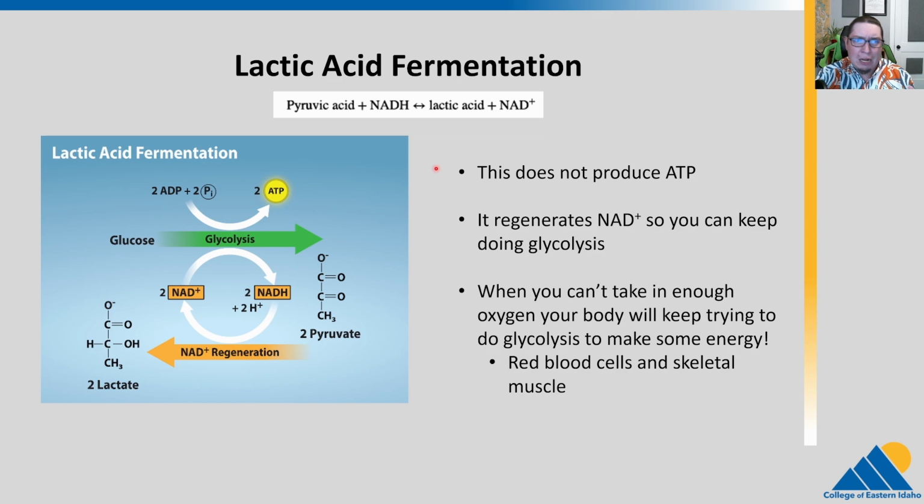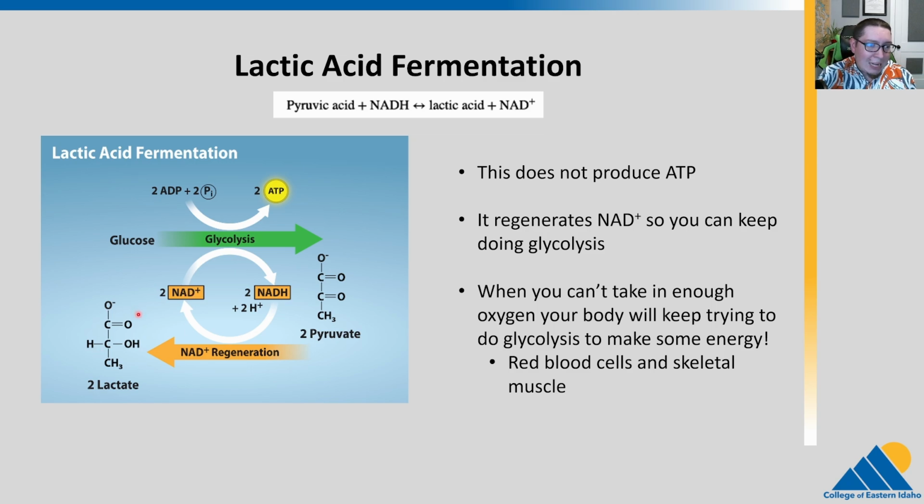So what is the reaction here? Well, again, it's a way of getting rid of the pyruvate and the NADH. So we take pyruvic acid and convert it into lactic acid, and in the process, we restore that NAD+ here. That keeps glycolysis going, right? So glucose goes in, glycolysis happens, and we make NADH and pyruvate. We got to get rid of those to keep this cycle going.